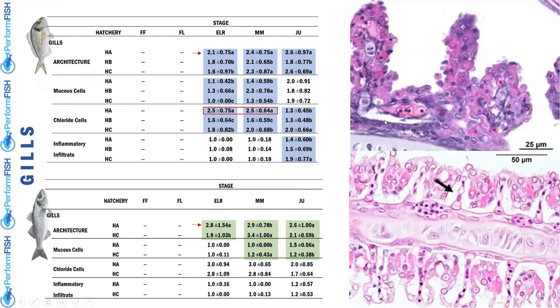In particular, in gilthead sea bream, for example, the gill architecture was scored higher than others, and the main histopathological features found in the gill were epithelial hyperplasia with lamellar fusion, epithelial lifting and edema, like in this image, shrinkage of epithelial cells, desquamation, necrosis, and in some cases bacteria presence in the gill.